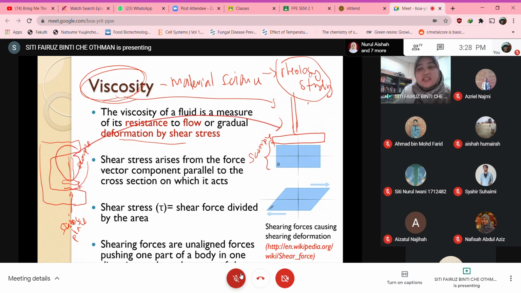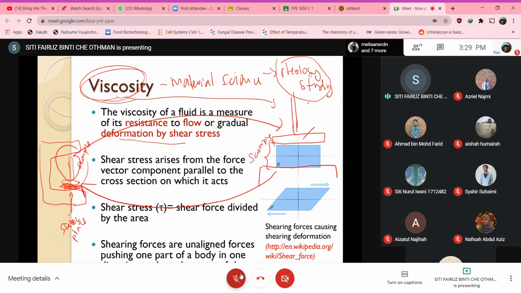Lepas tu yang ni static plate yang kat bawah tu. So meaning that sample tu ada in between ni. So nanti benda ni akan berpusing sebenarnya, tapi kita tak nampak sangat sebab dia berpusing dalam kadar yang very slow-mo lah. So dia akan deform, dia akan gelakkan gel tu a bit jadi macam ni. Nanti dia akan ada cara calculation dia.